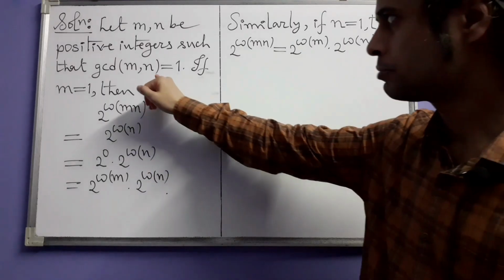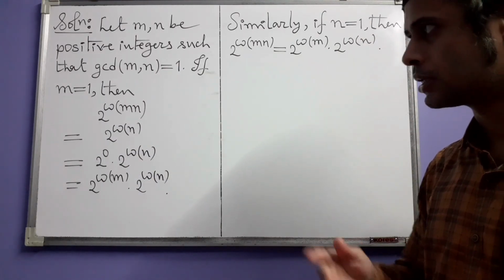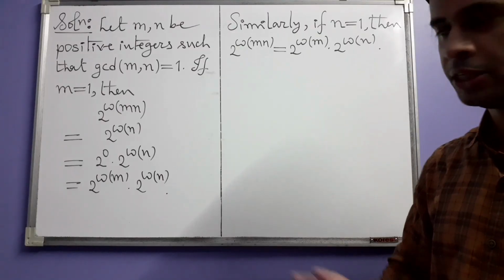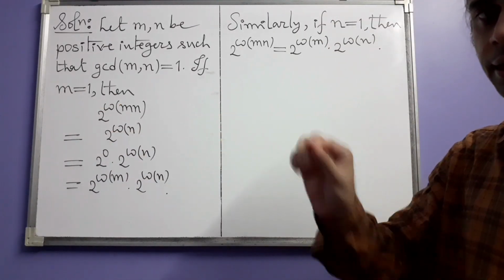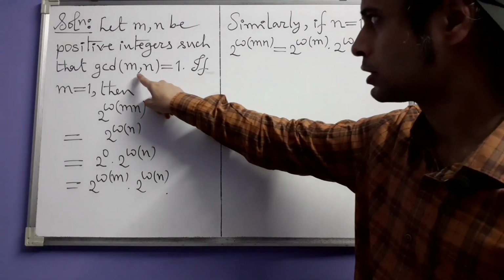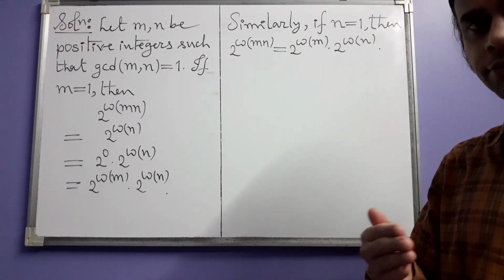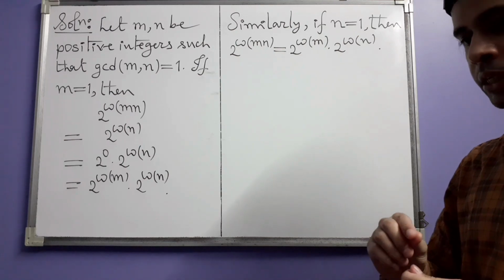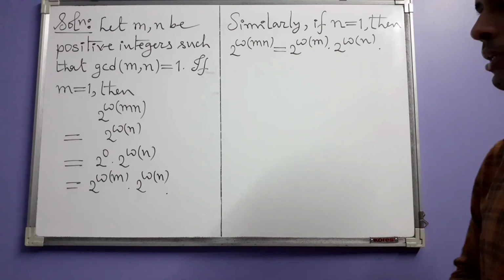Well, that is because there is no special status of m. I mean, in this entire thing, I am not talking about the case m equal to 1, but I am talking about the general case. What we are calling m and what we are calling n, we can interchange their roles. That's what I am saying.